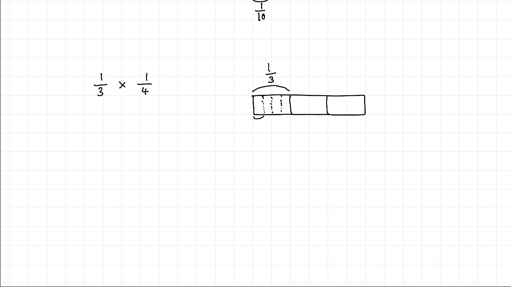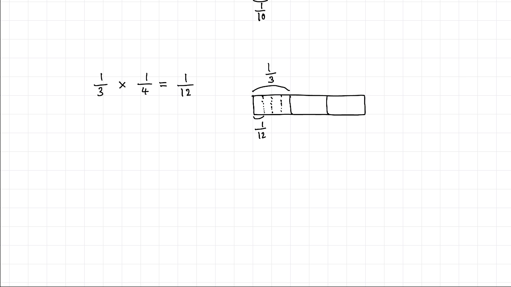So if I divide this by 4 and that by 4 as well, what I will have is 4, 8, 12. So that's the same as 4 times 3. And that's going to be 1/12. So my answer to this is going to be 1/12.